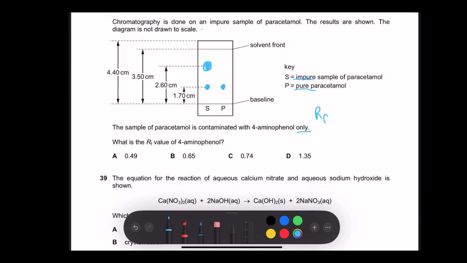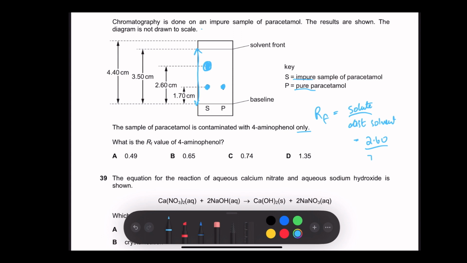Rf value is the distance traveled by the solute upon the distance traveled by the solvent. So we have 2.60, and for the solvent it's basically from here to here.